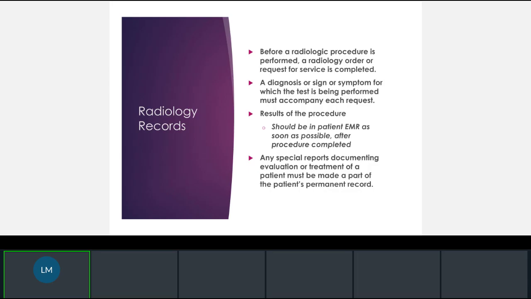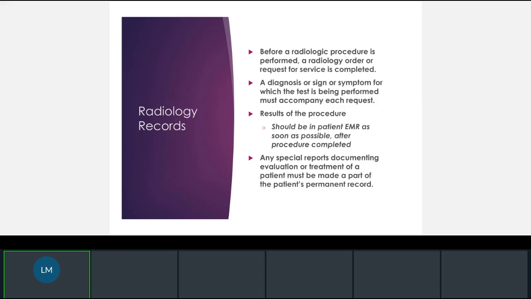Okay. So it's very important that you have a proper requisition before you do anything to that patient, because remember, you're doling out radiation, so you have to have an order that verifies and justifies that. On that order, there must be either a diagnosis or a sign or a symptom for why they're ordering that test. And not only does there have to be a diagnosis or a sign or symptom, it has to correlate to what exam is being done.